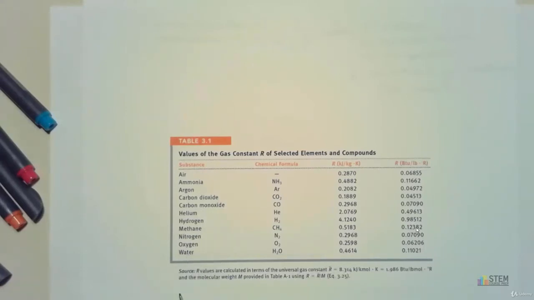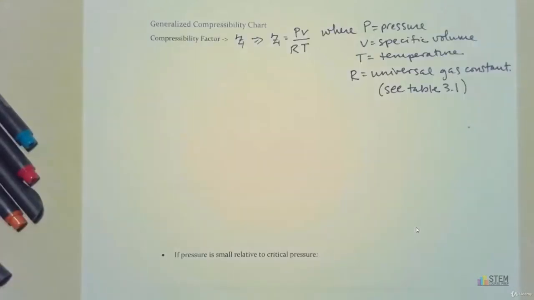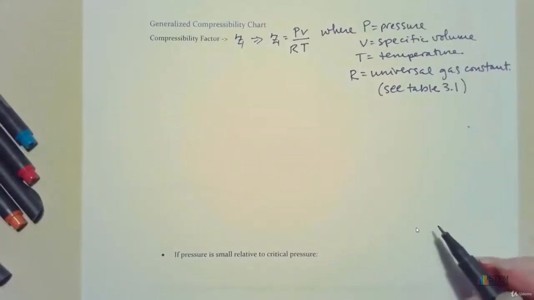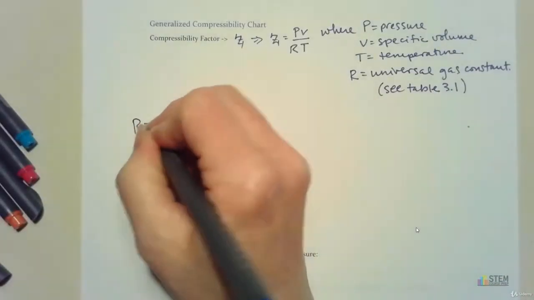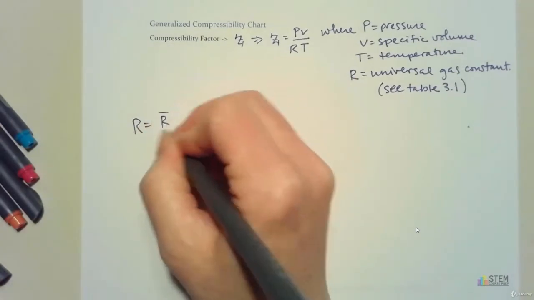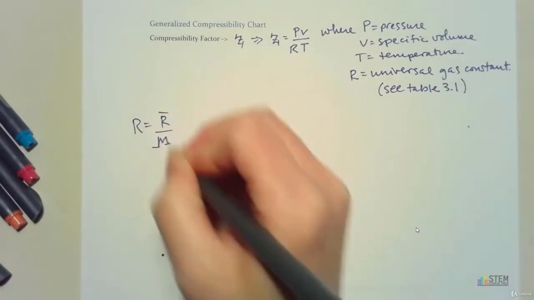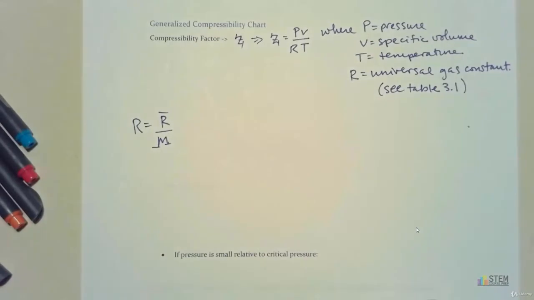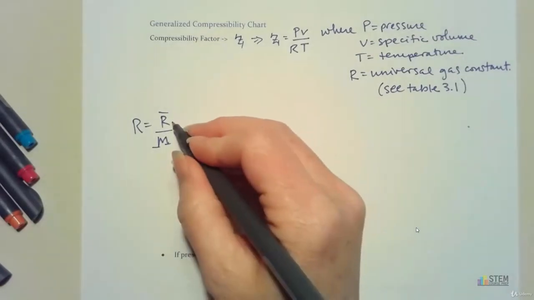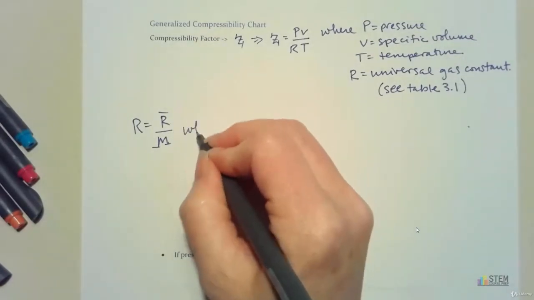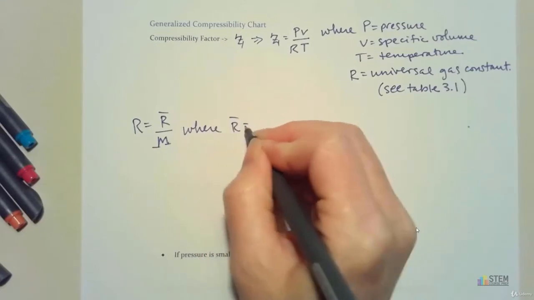Now, if we've got other substances that are not in this table, we need to know how to find those. So let's cover that next. The equation for R is R bar over capital M. Now let's define these.